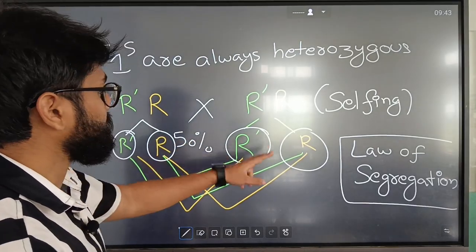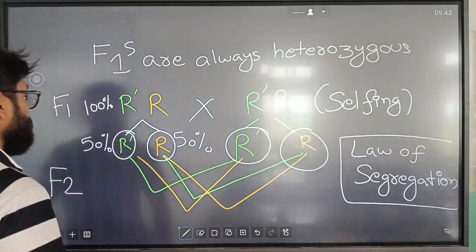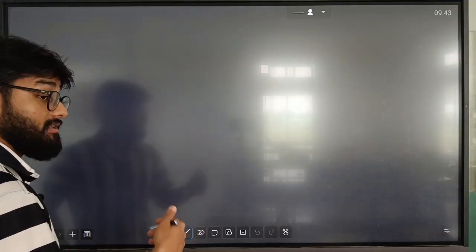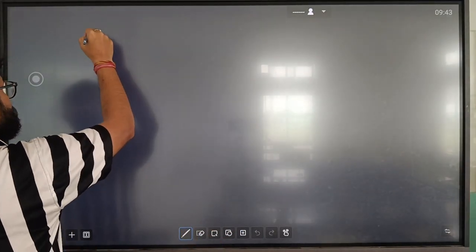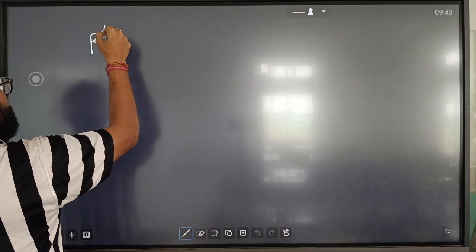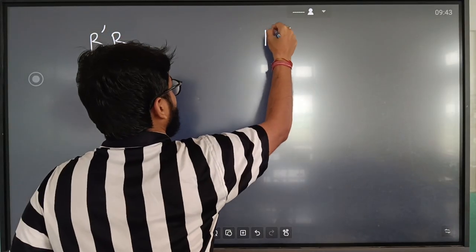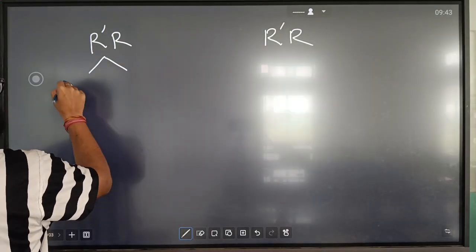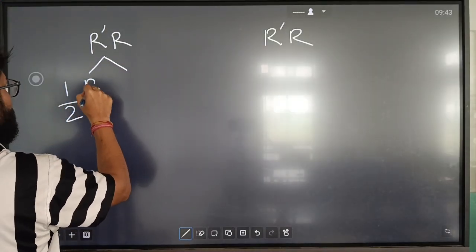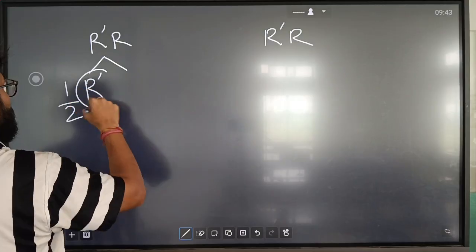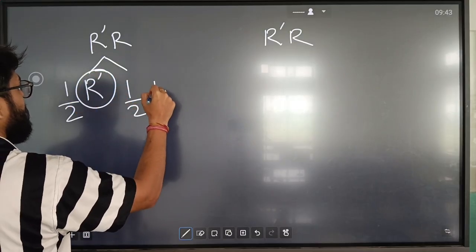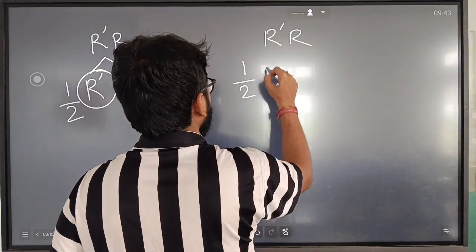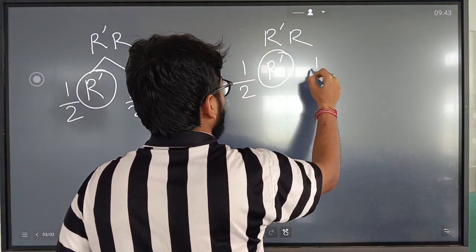Okay, they divide in 50-50 terms. Now to make it a bit easier, let us understand it in this way. You have R dash and R, you have R dash and R. By probability, you will get half of the progenies to be like this and the other half to be like this, correct? Here also you will get half R dash and half R.